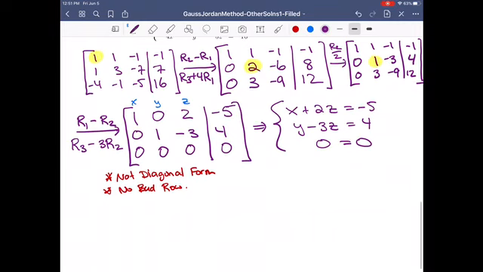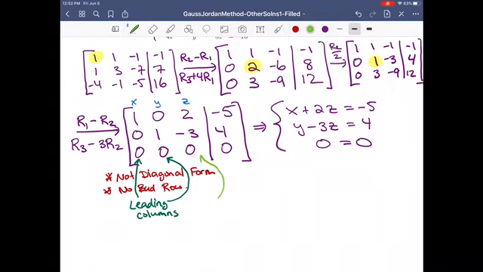So if you look at the system here, there are 2 leading columns, that column and that column, because these are leading ones. They're the first one in row 1 and the first one in row 2. Row 3 doesn't have a leading one.